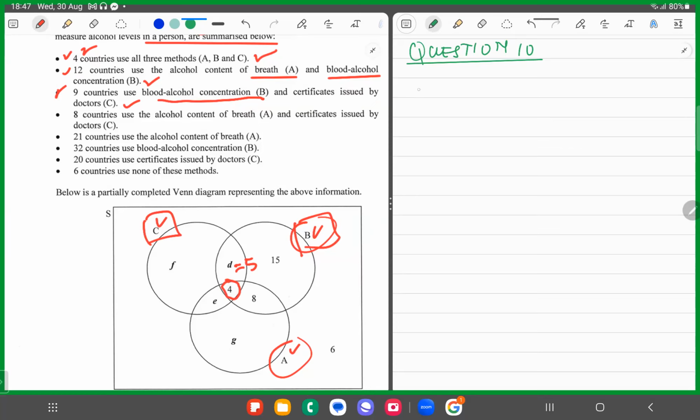So we can find some of the values as we go along, as we read this question. Because we have 9 countries, it means therefore D equals 5.